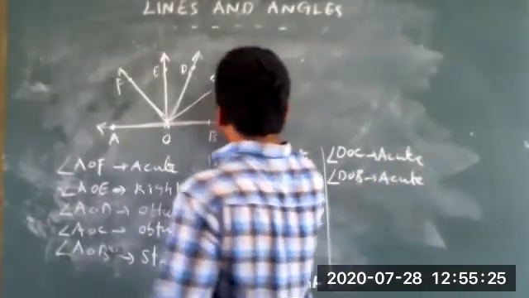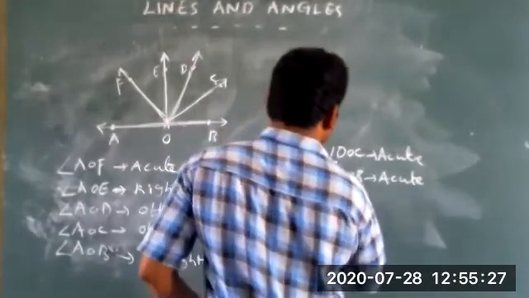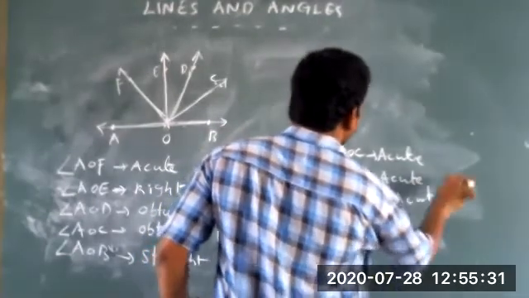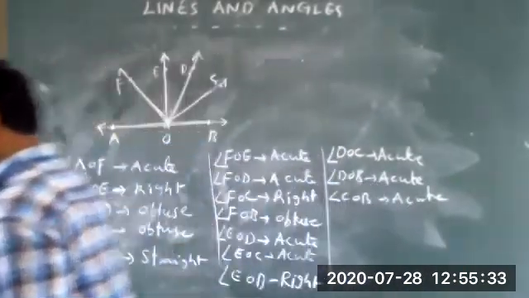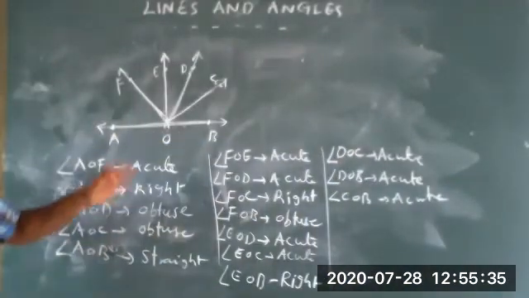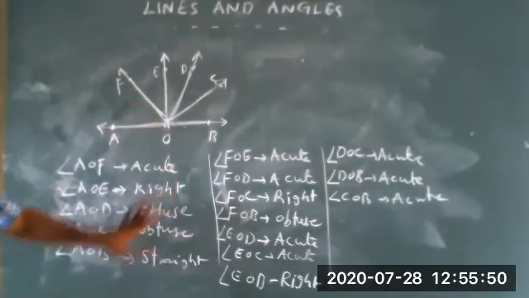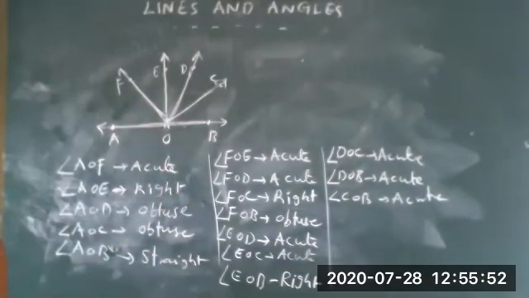Next, angle COB, that is also acute angle. Clear children? What is the given question? Name all the possible angles you can find in the following figure, which are acute, which are obtuse, and which are right and straight angles. This is the answer of the sixth problem. Clear children?